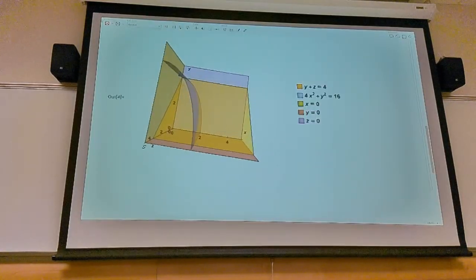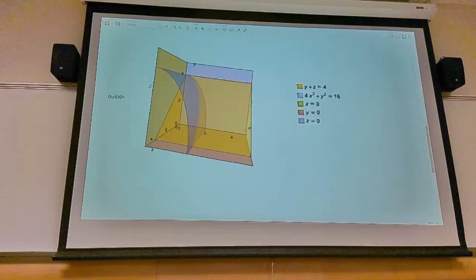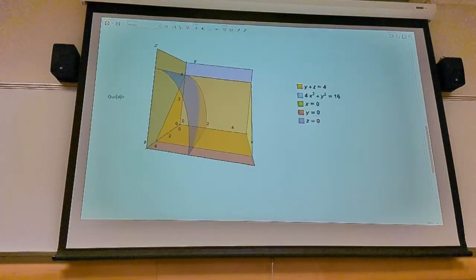So the wedge would be... And the bottom.